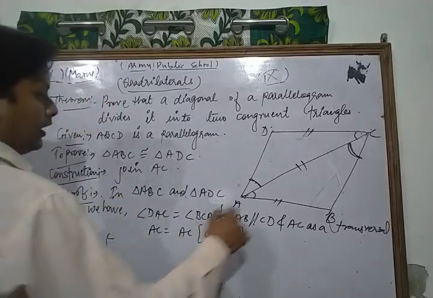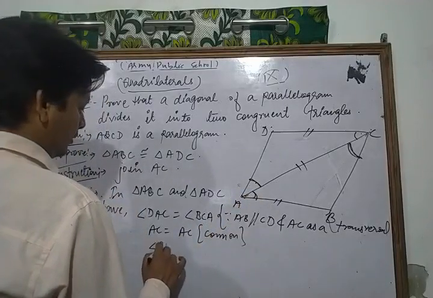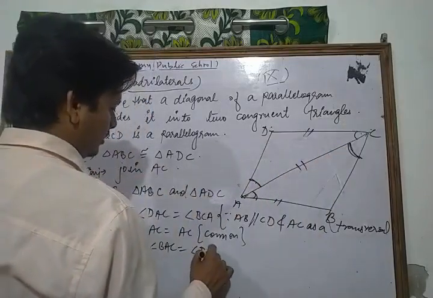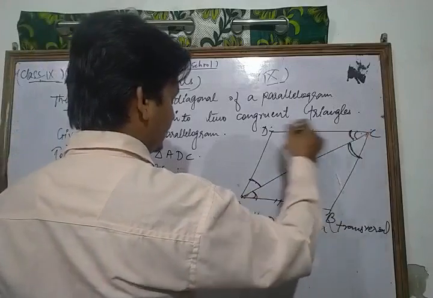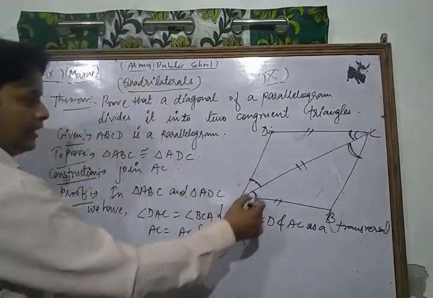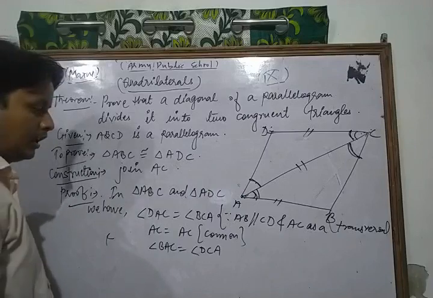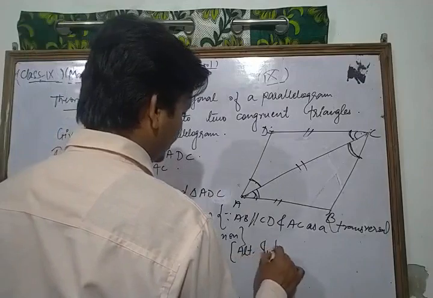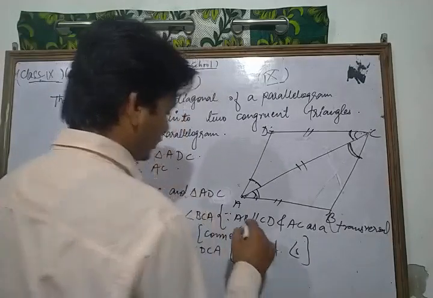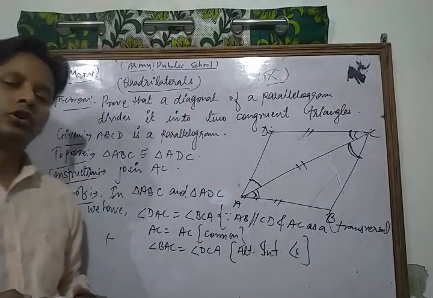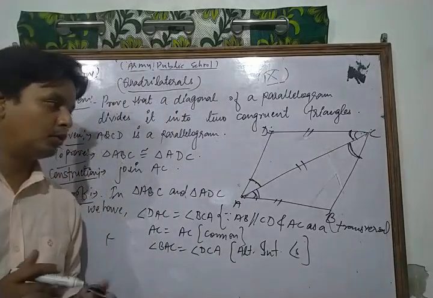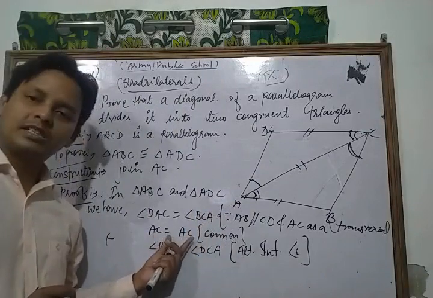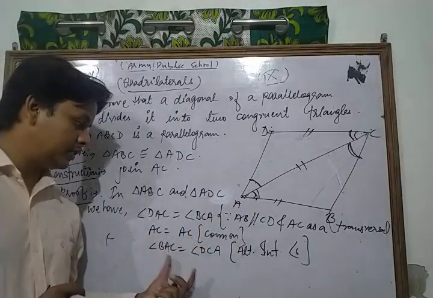And angle BAC is the same as angle DCA. This angle is equal to this one, since these are also a pair of alternate interior angles. So in both the triangles we have angle DAC equal to angle BCA, AC equal to AC, the common side, and angle BAC equal to angle DCA.